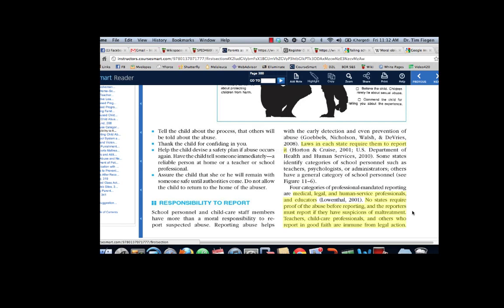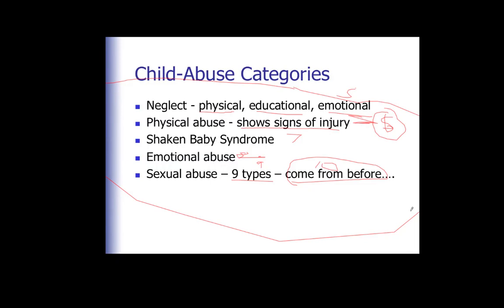You will quickly go to that home and they will not see it that way. And that's what we tend to do sometimes, is put our middle class glasses on and view families through our value system and not through theirs. But medical, legal, and human service professionals and educators are required if they have suspicion of it.